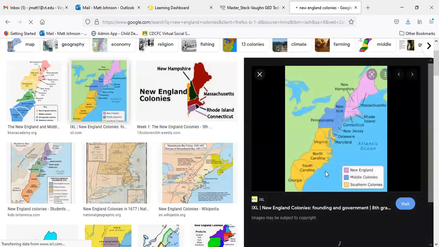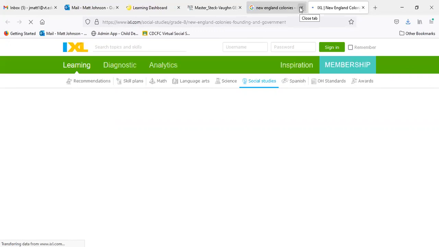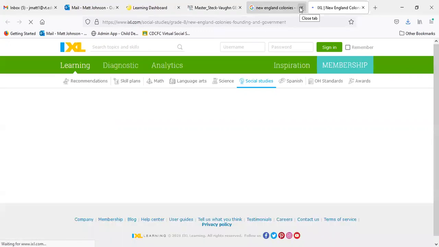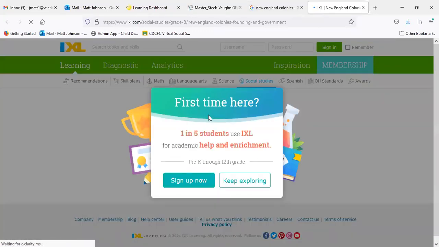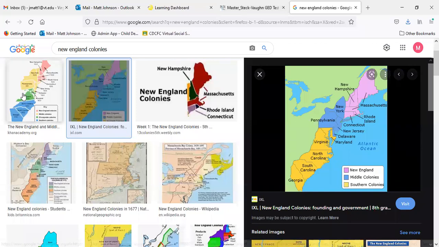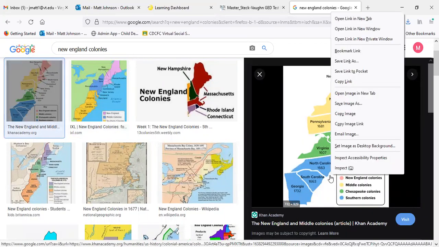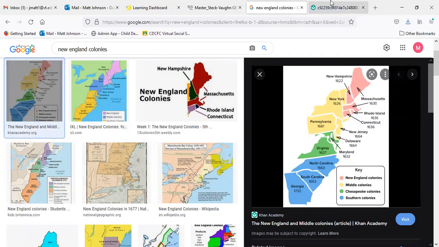Let's see if I can get this map pulled up. And if my internet will work, come on now. No, it's not that slow. Well, maybe not this one. Let's go. Let's try this one. Maybe I can just open the image.